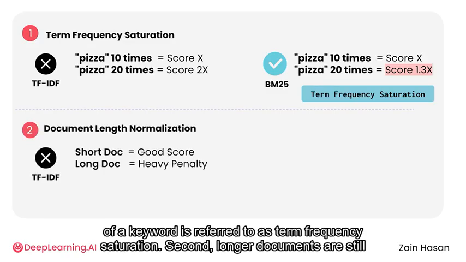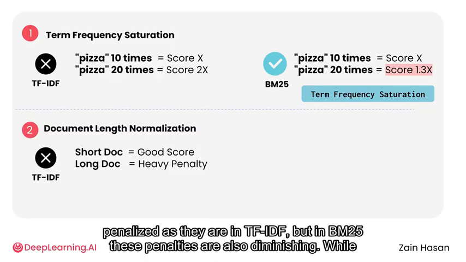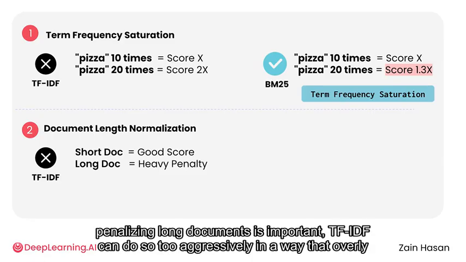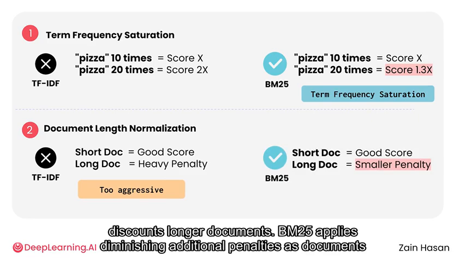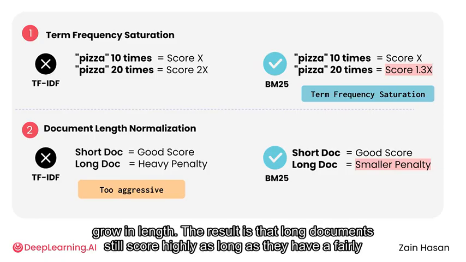Second, longer documents are still penalized as they are in TF-IDF. But in BM25, these penalties are also diminishing. While penalizing long documents is important, TF-IDF can do so too aggressively in a way that overly discounts longer documents. BM25 applies diminishing additional penalties as documents grow in length.